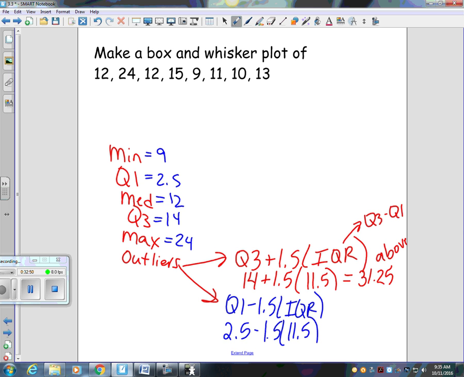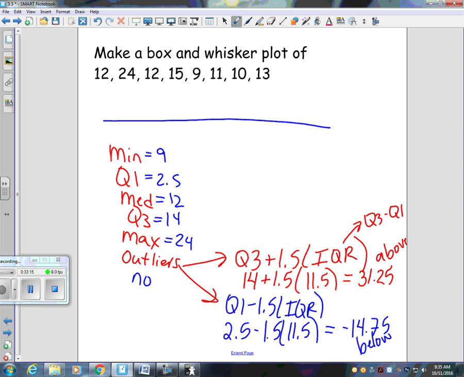All right, when you type all of that in your calculator, it gives you what? Negative what? Okay. I'm looking for numbers below that. Are there any numbers below negative 14? So for this one, are there any outliers? No. Okay, there's no outliers.